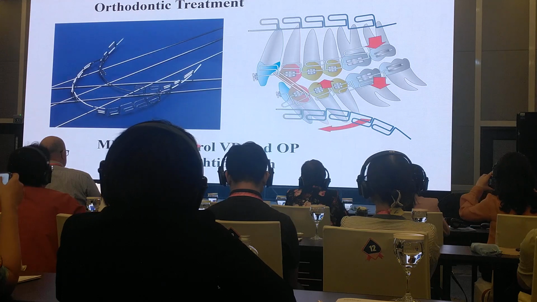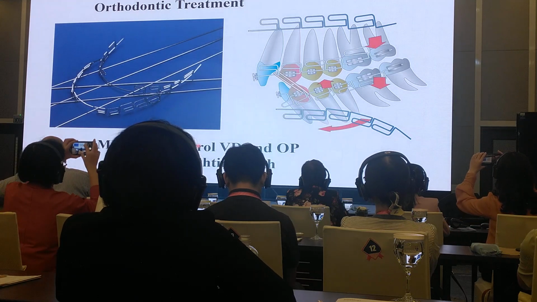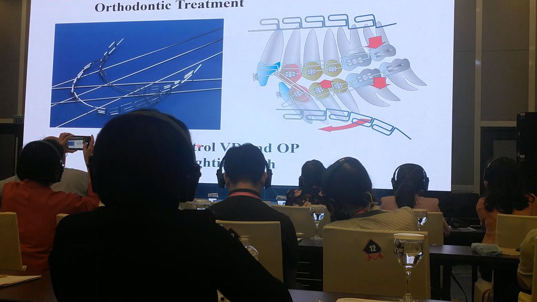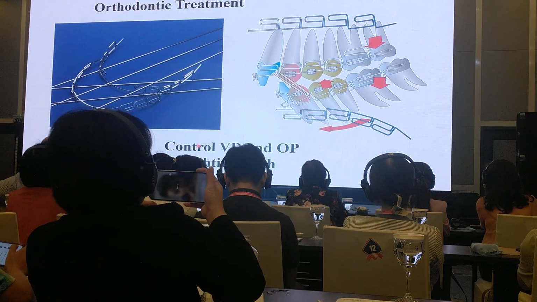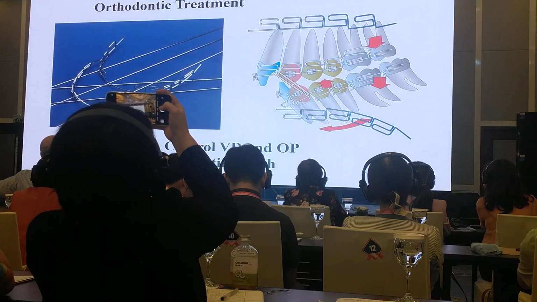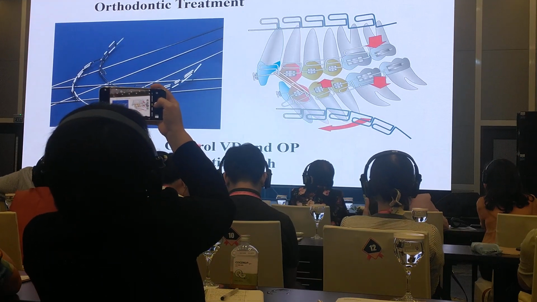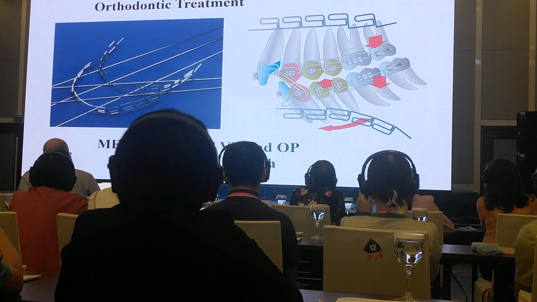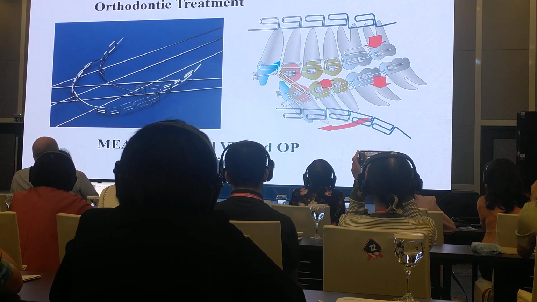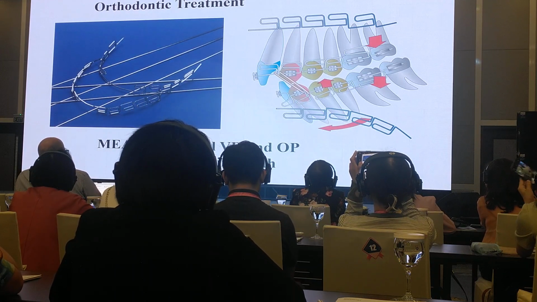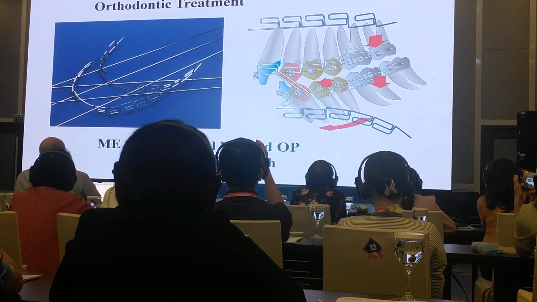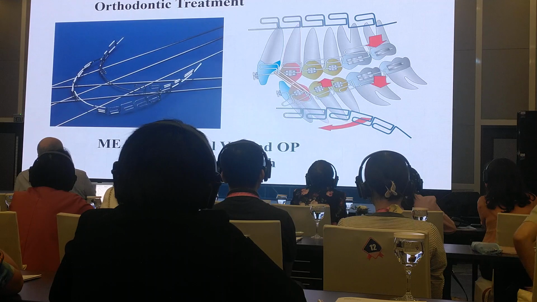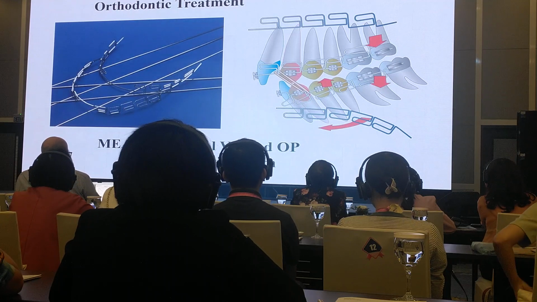At that time, I had a little idea. But he has this posterior discrepancy problem. I explained this, and therefore it is necessary to remove the third molar. But his father did not agree to the third molar. Okay, then try to treat with mechanics like this.